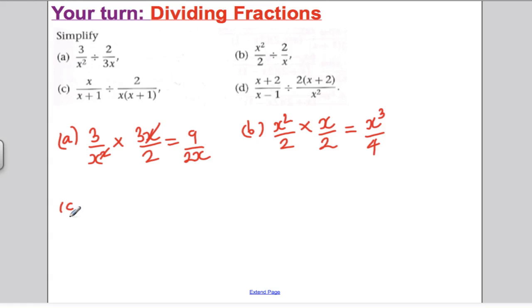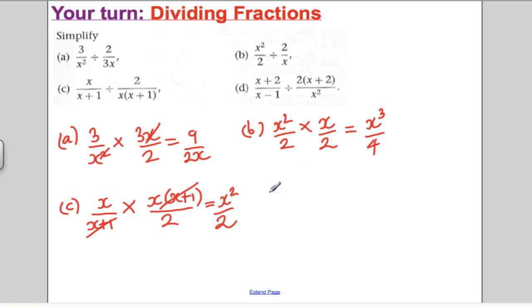Part C, here we would have x over x plus 1, and we would end up multiplying that by x plus 1, all divided by 2. That x plus 1 and that x plus 1 cancel, and we get x squared over 2.